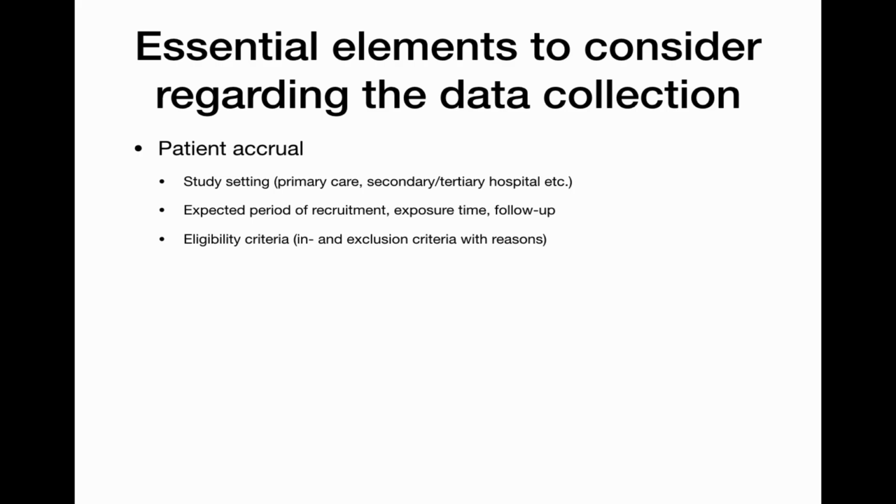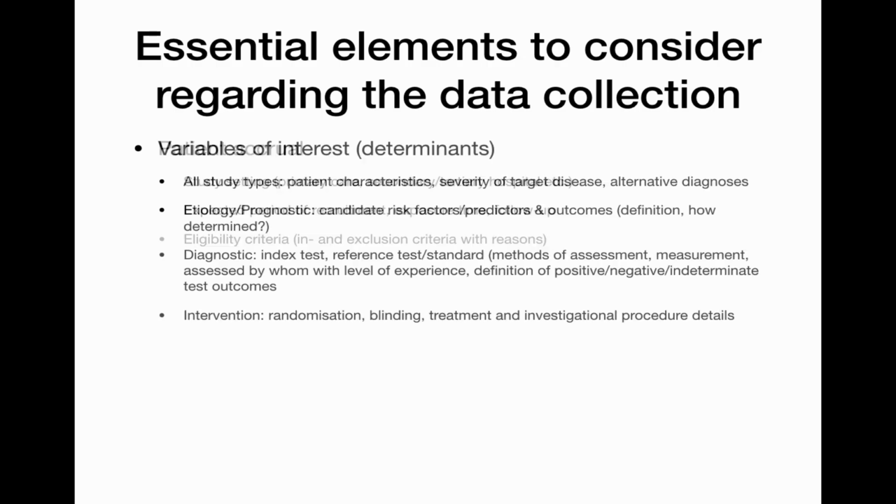What is the expected period of recruiting the patients, the time of potential exposure to determinants in the study, as well as the follow-up time, and the specific eligibility criteria in terms of in- and exclusion criteria, with their specific reasons. And then we need to think about the variables of interest that we also call the determinants.